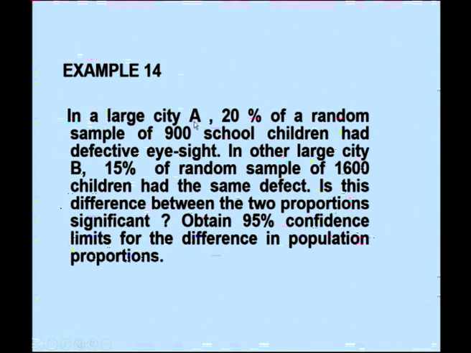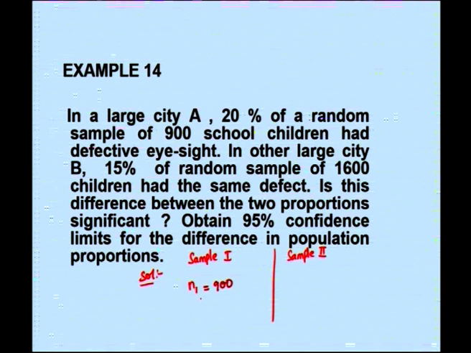So, what are the values? We will have to enumerate them here. First of all, sample 1 is taken from city A, and sample 2 from city B. N1 is equal to 900, and 20% of the random sample of 900 school children, therefore the sample proportion P1 is 20%, which is equal to 0.20.